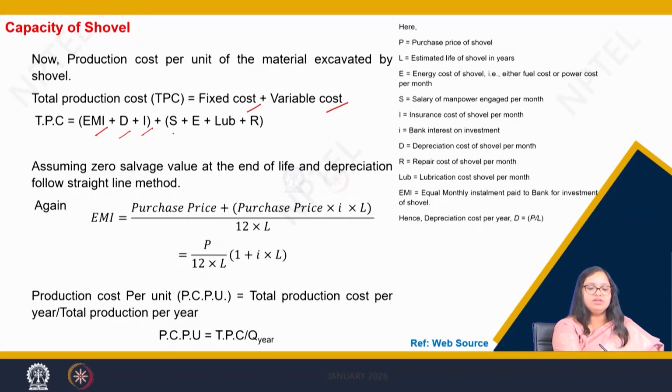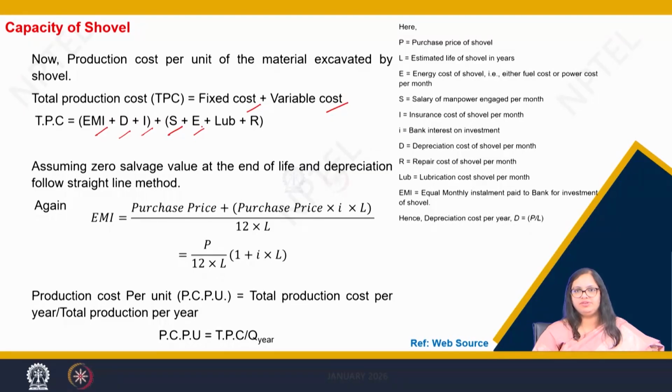Now, in variable cost, there is a salary component of the manpower engaged. Let us say we have engaged lesser manpower, then the salary cost will be less, and if we have engaged higher manpower in a month, then the salary cost will go high, and on top of that is the energy used by the shovel. So, that leads to the energy cost, in the form of fuel cost or power cost per month. If it is electric, there will be power cost.